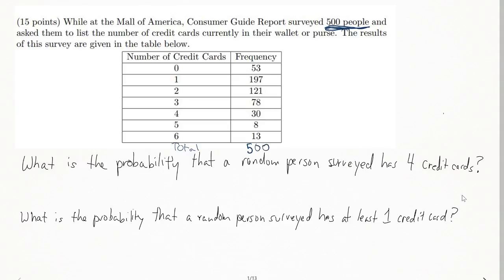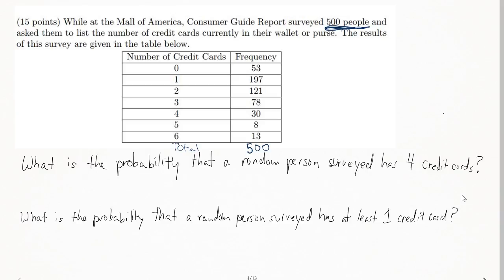I'm just going to assume that part's correct. Usually, if you're running your own survey, you definitely want to check that. But for the sake of this problem, we agree with what's being said there, and you can double check it to make sure it adds up to 500.